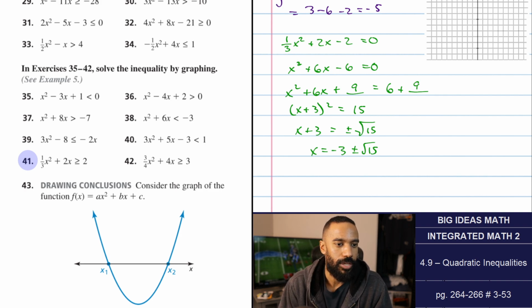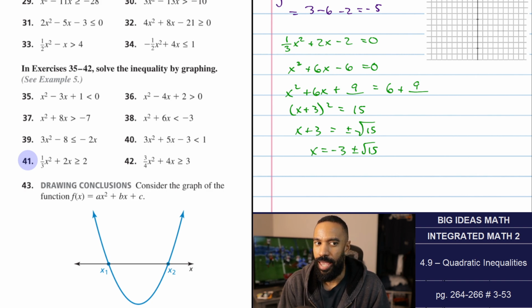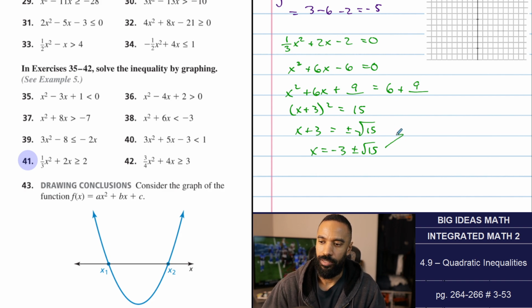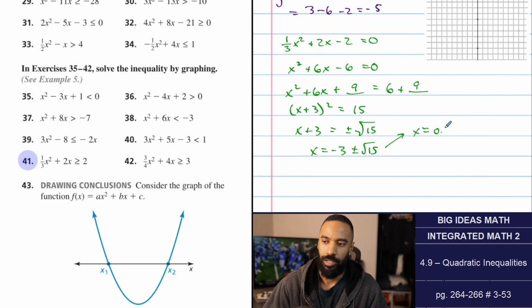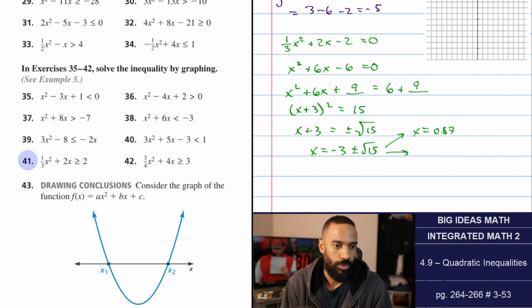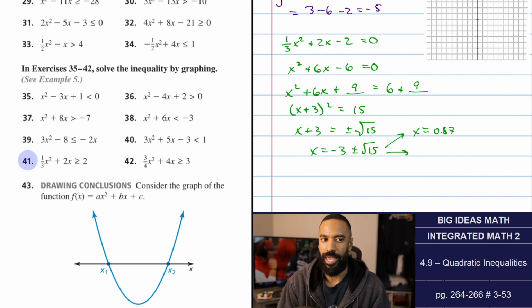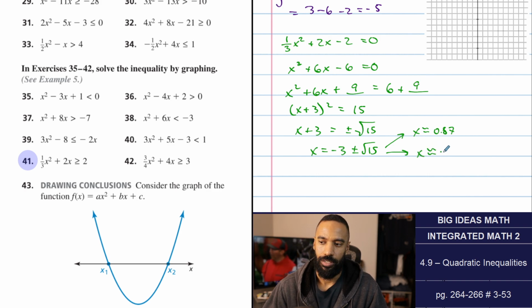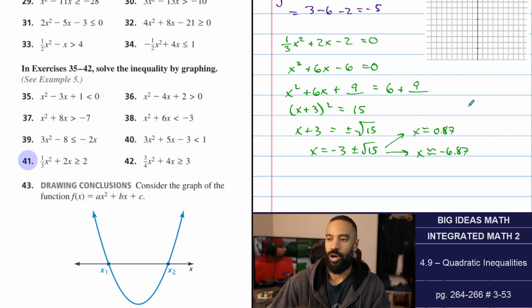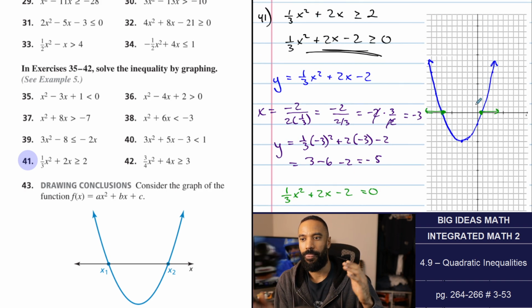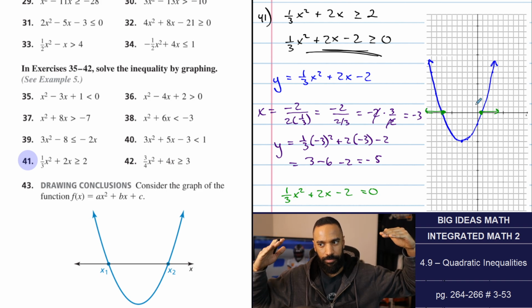So negative 3 plus root 15 is 0.87, approximately. And negative 3 minus root 15 is negative 6.87. So those two are those values, and we got to stay outside of them to stay positive.